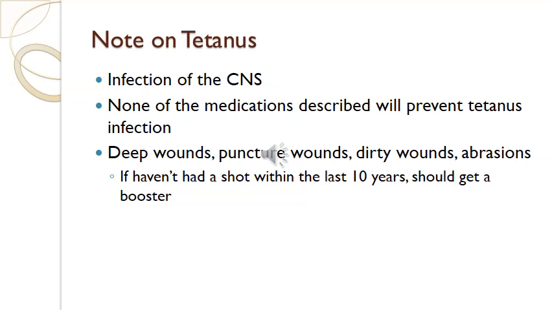But at the very least, you want to have a tetanus shot every 10 years. So if it's been 10 years since your last tetanus shot, you should get a booster. If you had a shot 6 years ago and you get an extremely bad puncture wound and there's dirt involved, you should probably get a booster. But make sure that at least every 10 years you get that.